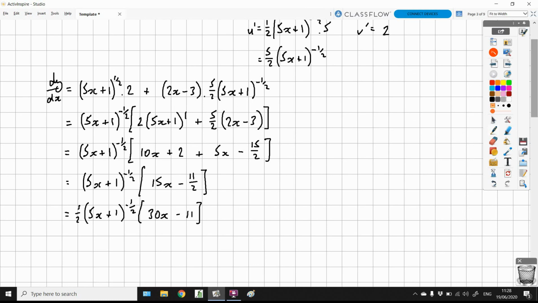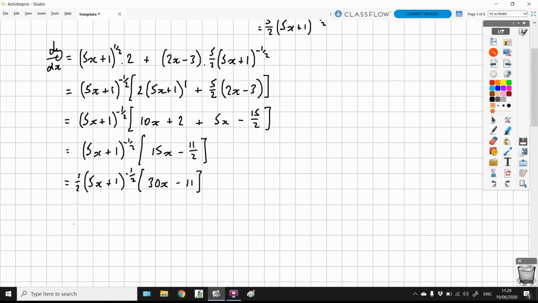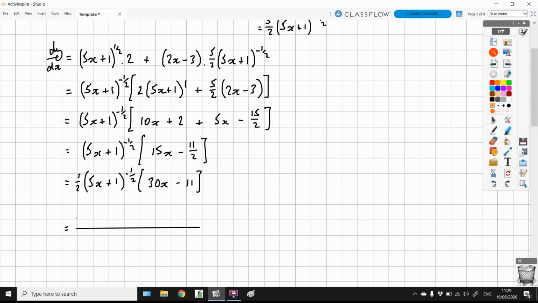Now, if you look back at the original question, it was stated using a root format rather than a power format. So it would be a good idea to put it back into that arrangement. Here we have a numerator and a denominator. This negative power tells us that we're looking at a reciprocal. And this is technically over 1. This 30x minus 11 is in the numerator. So what we can do is we can start writing this as a fraction. And we can put the correct things into the correct places. So half looks like that.